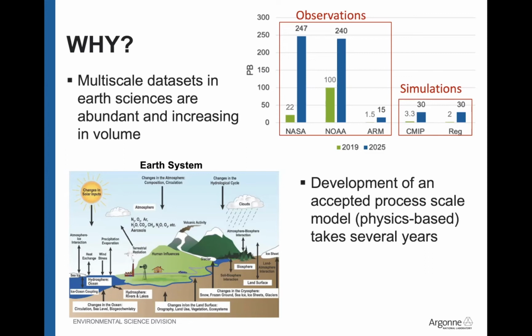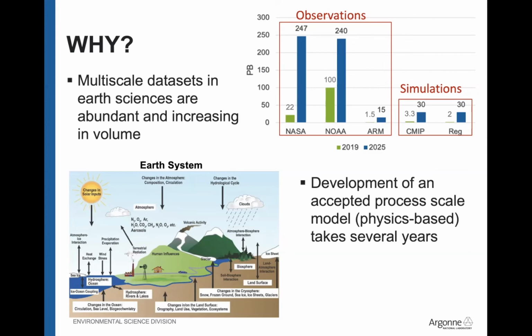And those data are getting bigger and bigger. And we can take advantage of all those data sets to develop something that can benefit our climate models, which can improve their performance so we can get high confidence about future projections.